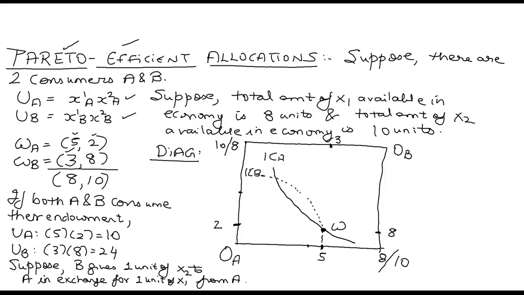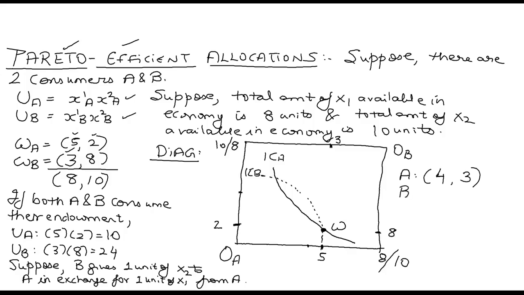So now I ask you, what will my new utility be? First of all, what will be my new allocation? A will now have how much? A has 5, 2. A gets 1 unit here, but then A gives 1 unit here to B. So it's going to be 4, 3.